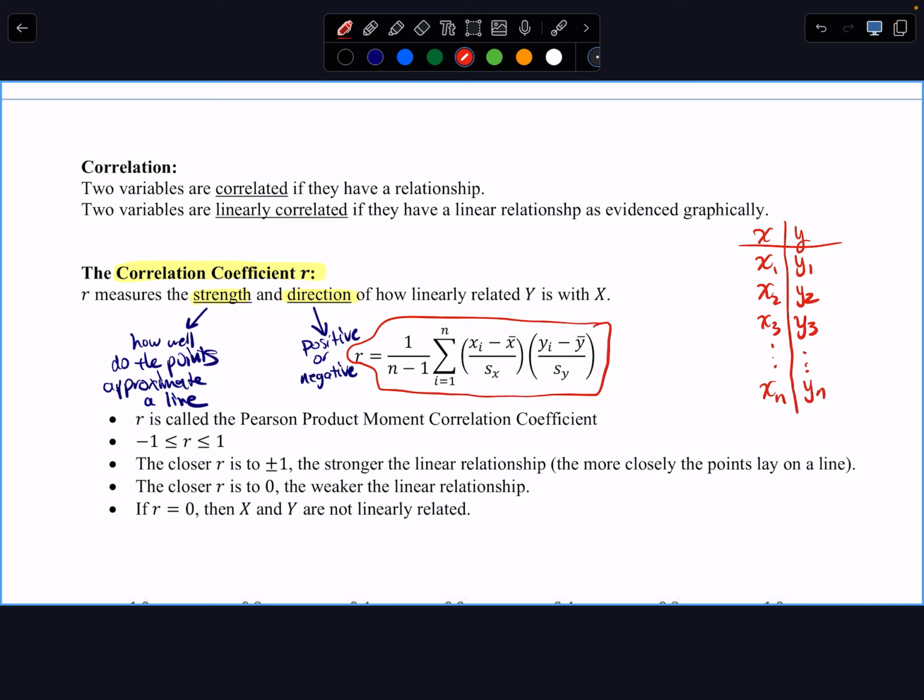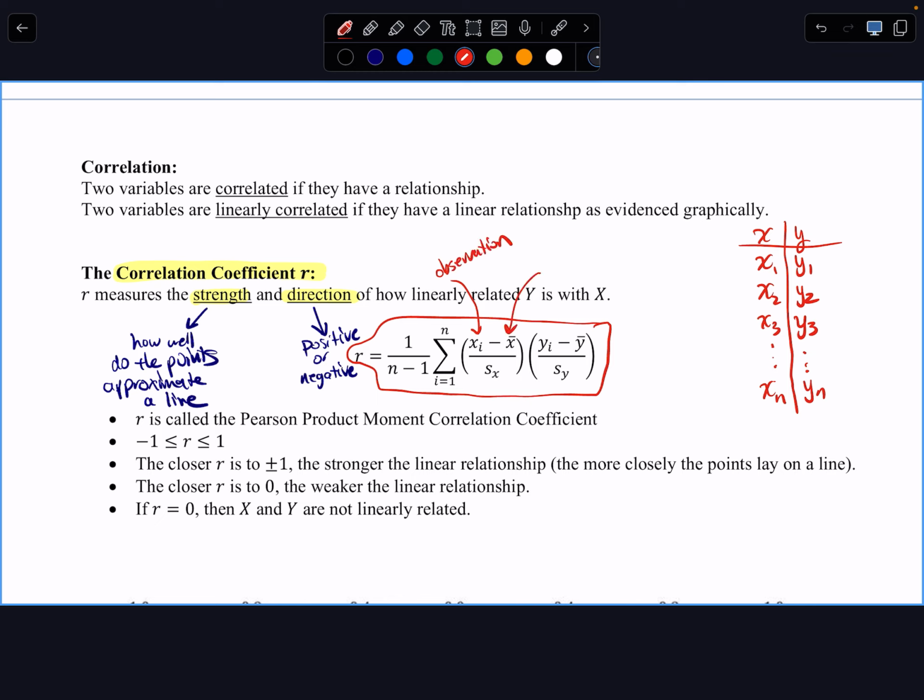When I look at this formula and I see this x sub i, it's telling me to go to the first individual, get their x coordinate, subtract the sample mean of your x values, and divide by the sample standard deviation of your x values. We talked about this before. This x sub i is an observation in our data set.